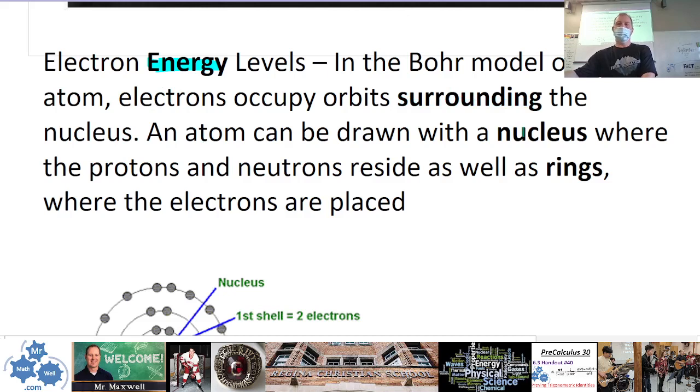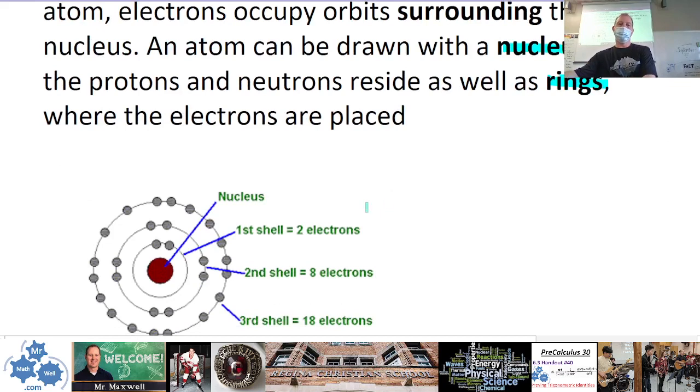An atom can be drawn with a nucleus where the protons and neutrons reside, as well as rings where the electrons would be placed. So here is a picture of the Bohr model of the atom. We have the nucleus in the middle, protons and neutrons in there, and electrons would be situated on the rings around the nucleus.